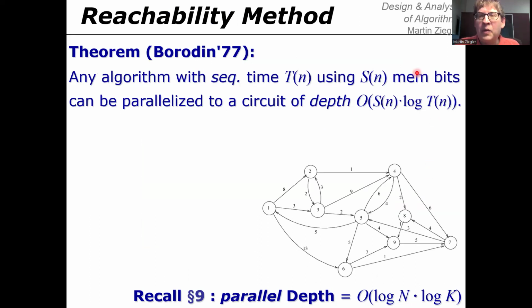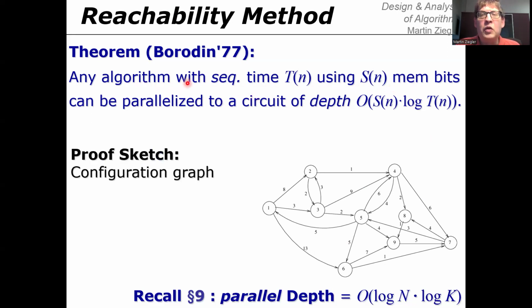So remember, we have here a directed graph, and we want to apply our efficient parallel algorithm for graph reachability to the algorithm with the sequential time T of n using S of n memory bits. And to this end, we consider a particular graph associated with the initial algorithm, namely the so-called configuration graph.